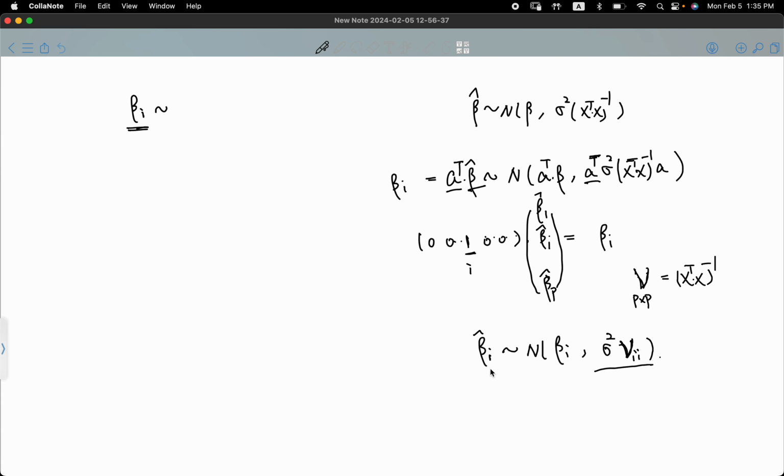Okay. So each of the individual elements of the estimated coefficient also follows a normal distribution with this particular variance. So here, this is a scalar. Everything is a scalar now. Okay, so that's that.